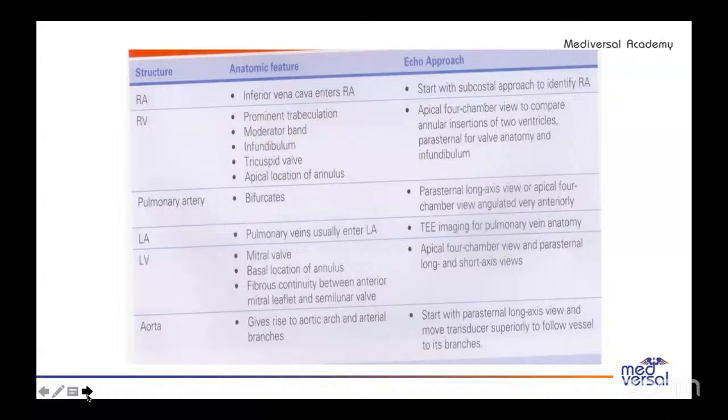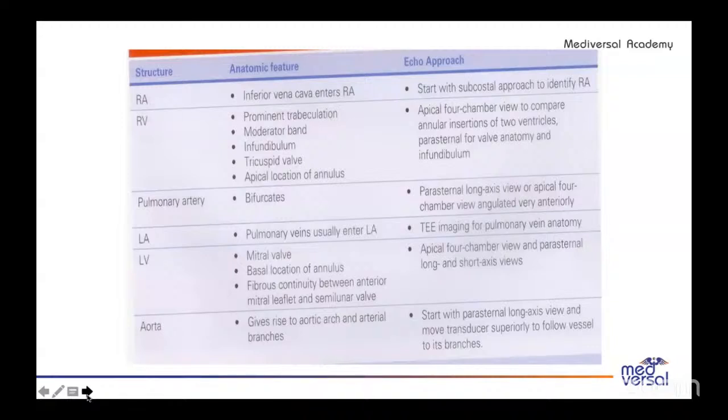And how will you see the RV? Apical four-chamber view, to compare annular insertion on the two ventricles. Parasternal for valve anatomy and infundibulum. The pulmonary artery you can see at what levels? You can see the pulmonary artery as short axis at the aortic level, right?